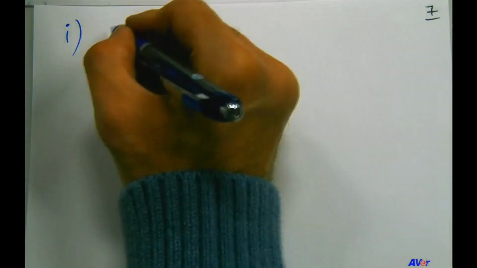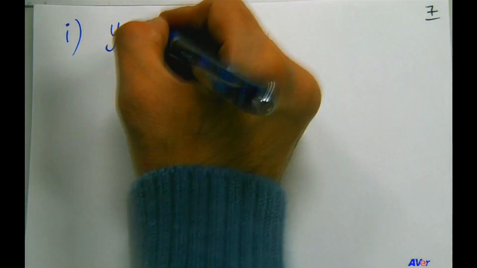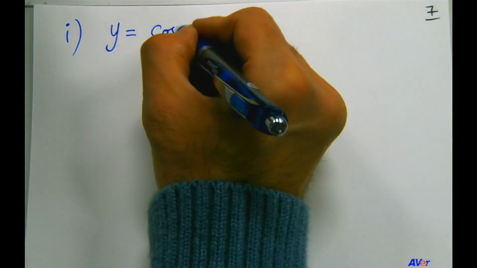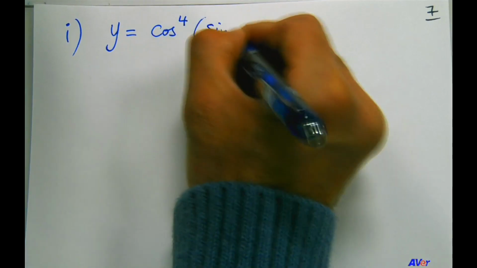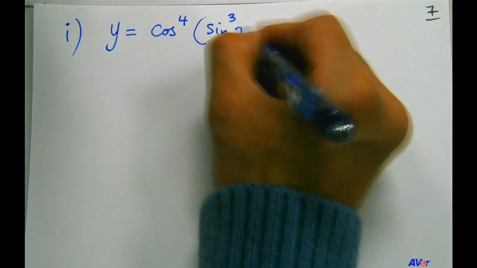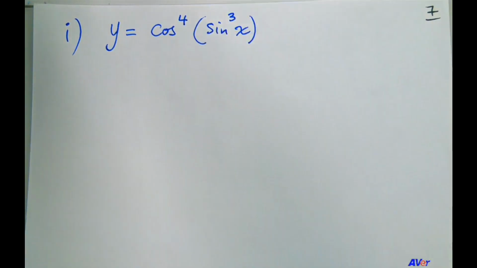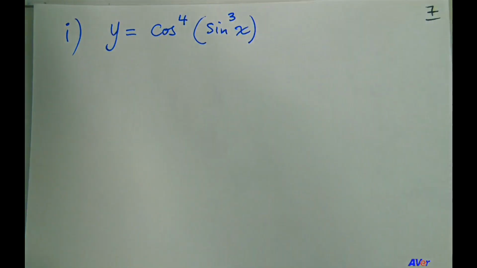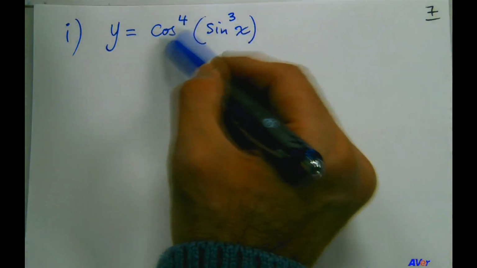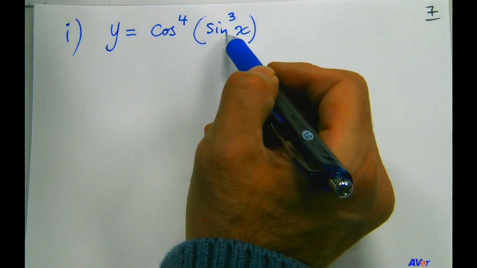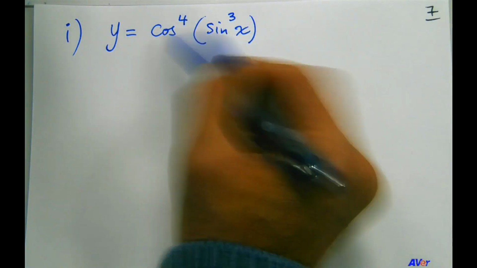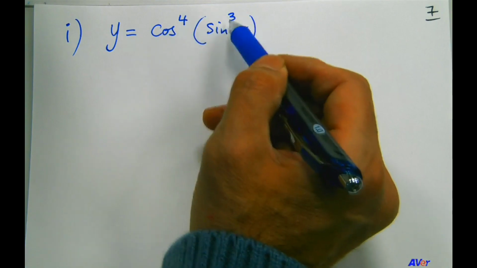Suppose we want to find the derivative of this expression, y equals cosine of sine cubed of x, all to the 4th power. Okay, interesting expression, isn't it? We have the cosine function on the outside, which has a power, and the sine function on the inside, in the argument of the cosine function, has a power itself.